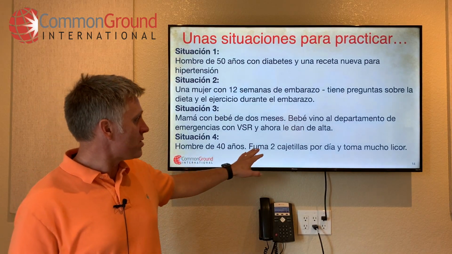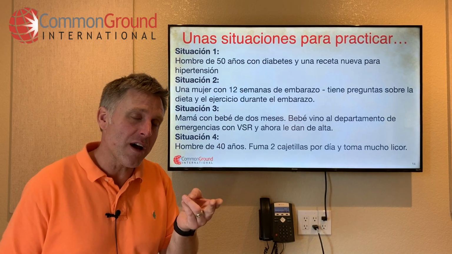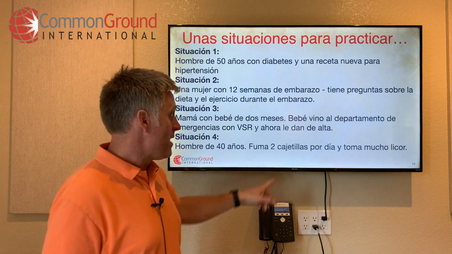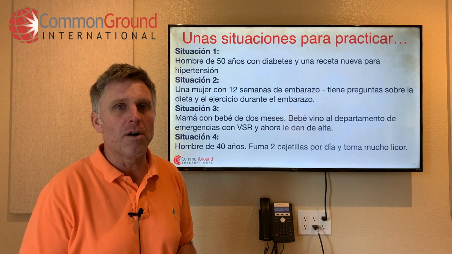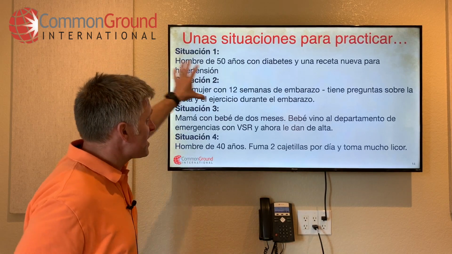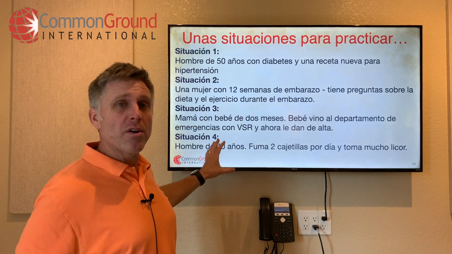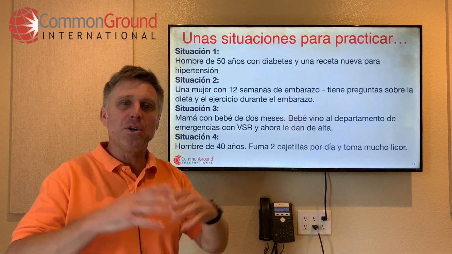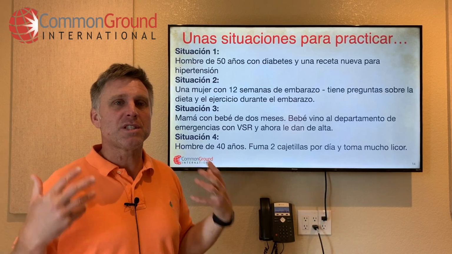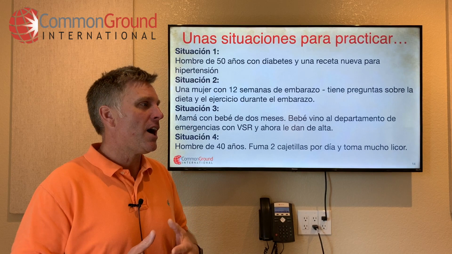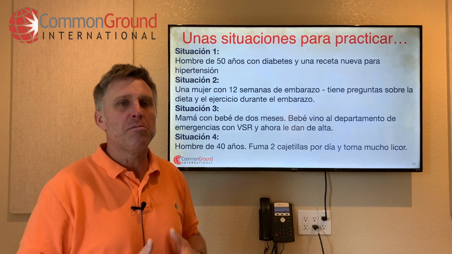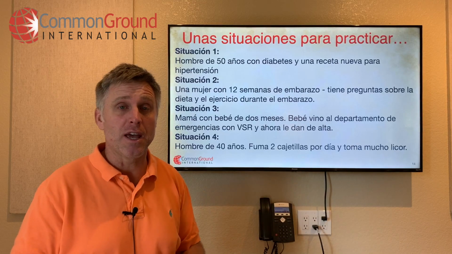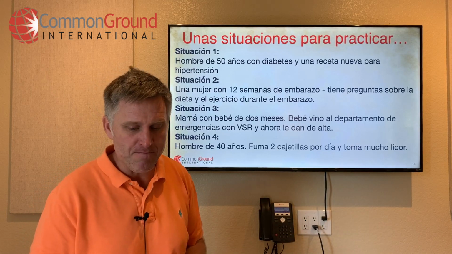Hombre de 40 años fuma 2 cajetillas por día, so he's smoking 2 packs a day, y toma mucho licor, and he's drinking a lot of alcohol. Okay? Bien. So, unas situaciones, you and your conversational partner go back and forth, build your vocabulario, give some simple recommendations. How would you suggest that these people move forward with their next steps and in healthy living? Bien. All right, muy bien.